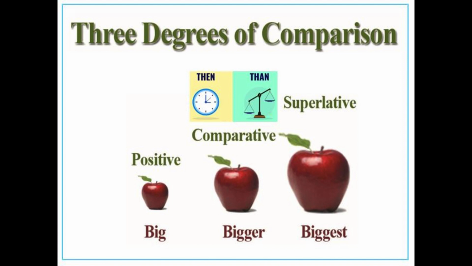For example, we went to the park, then we went to the cinema. So then indicates time and it means after that or later on. However, when we are talking about adjectives, we use the word than. The pronunciation of both is different as well. THAN has a stretched sound and is pronounced as than.